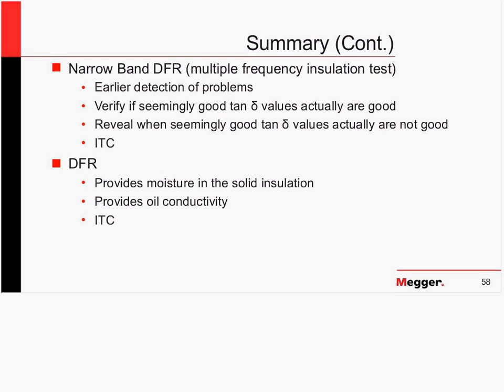Narrowband DFR specifically gives you earlier detection of problems, verifies if seemingly good tan delta or power factor values actually are good, and reveals when seemingly good power factor values actually are not. It does provide you the ITC capabilities. And DFR goes further in that it can distinguish between the source of increasing losses that are noted and say, hey, this is moisture in the solid insulation, or it's due to oil conductivity, and in all cases tell you both.